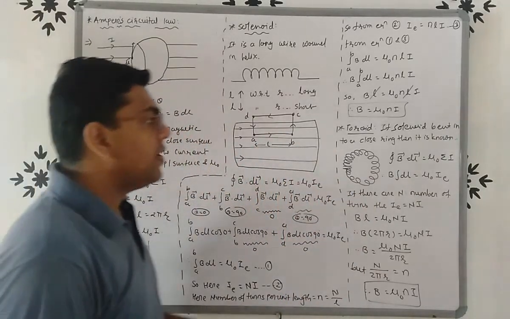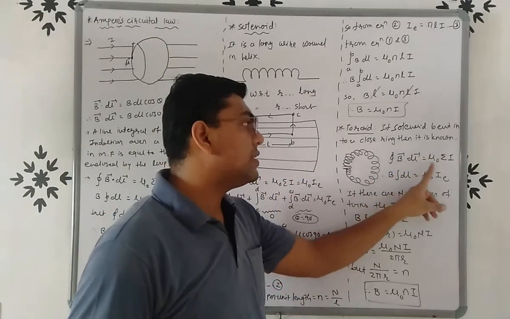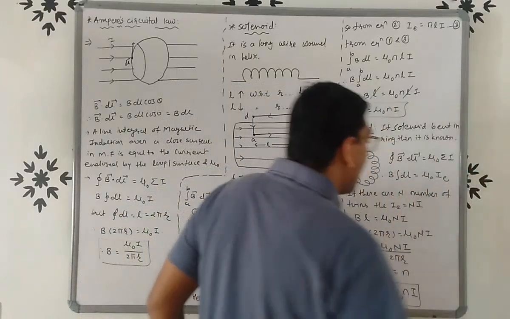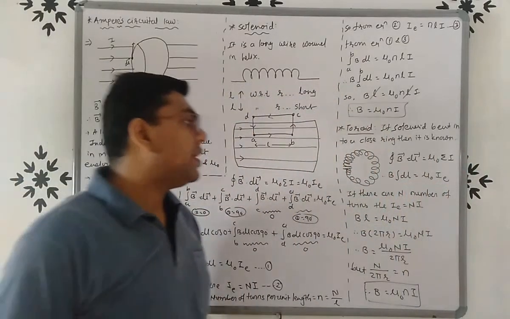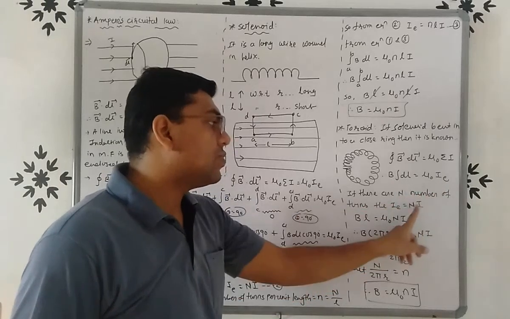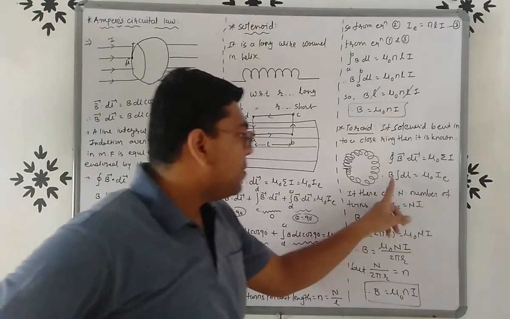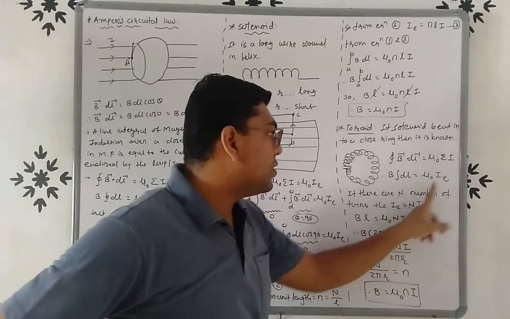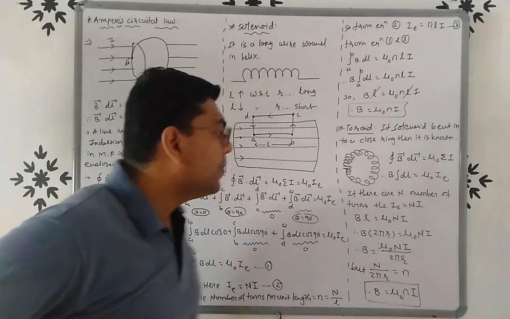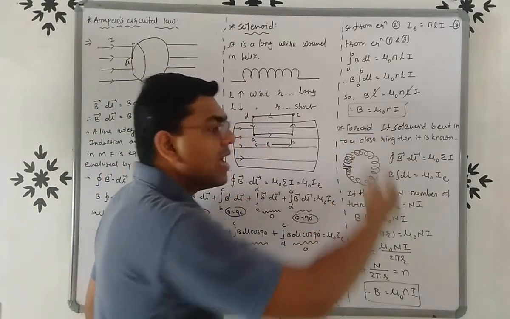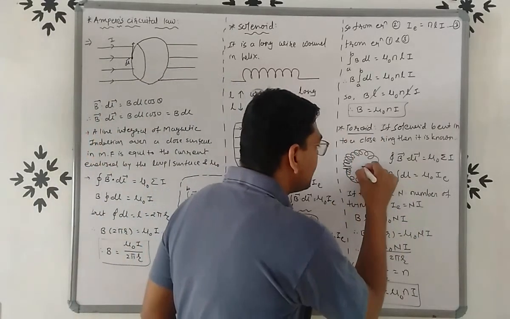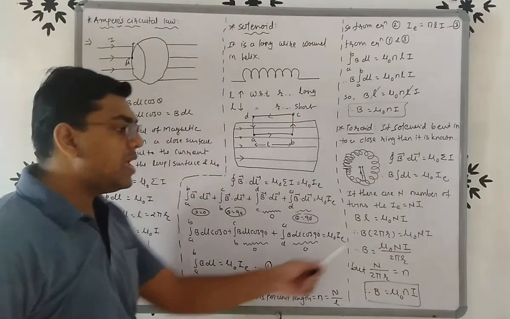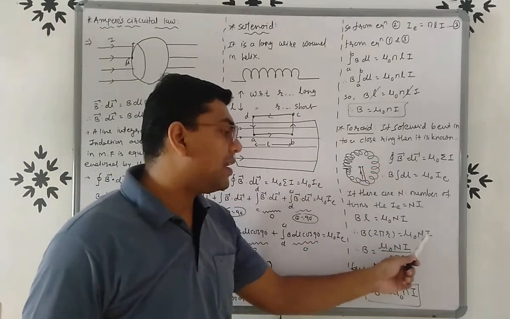To find out magnetic field, Amperian circuital law, B dot dl is equals to mu 0 sigma I. So B integration dl is equals to mu 0 I E. But here if there are capital N number of turns, then I E is equals to capital N into I. So B integration dl, that is total length, is equals to mu 0 N I. But here there is a closed ring having radius small r, so the length is 2 pi r. So B into 2 pi r is equals to mu 0 capital N I.